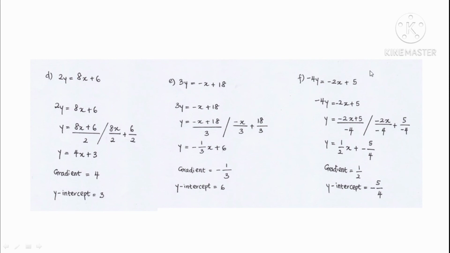As for this, the given equation is negative 4y equal to negative 2x plus 5. So the equation will be y equal to 1 over 2x minus 5 over 4. So the gradient will be 1 over 2 and the y-intercept will be negative 5 over 4.